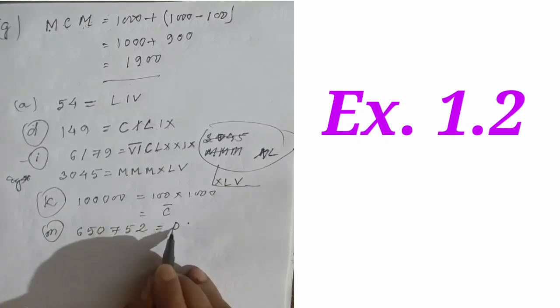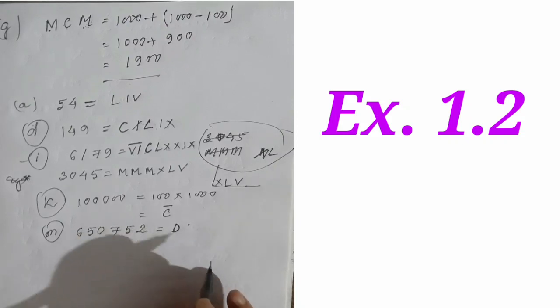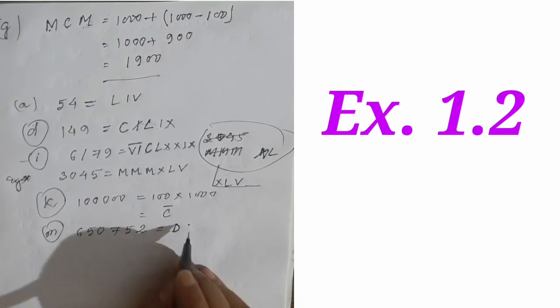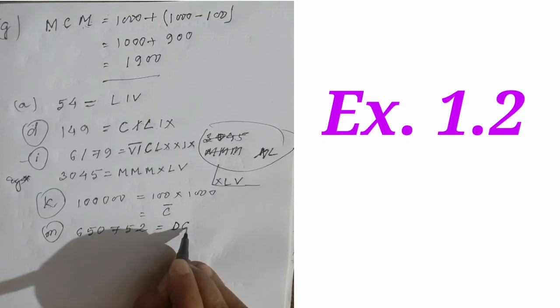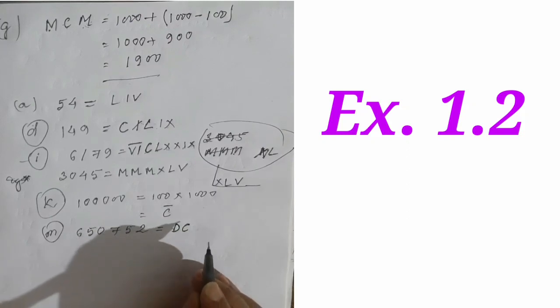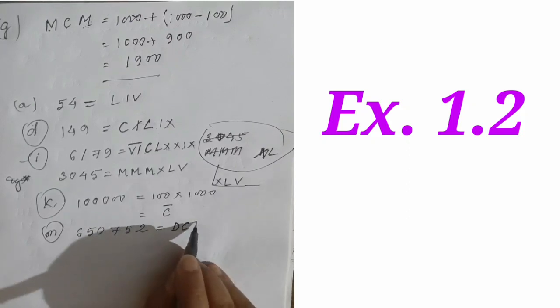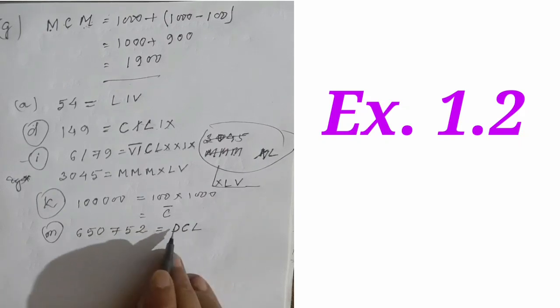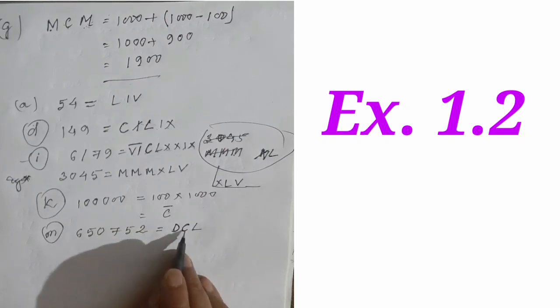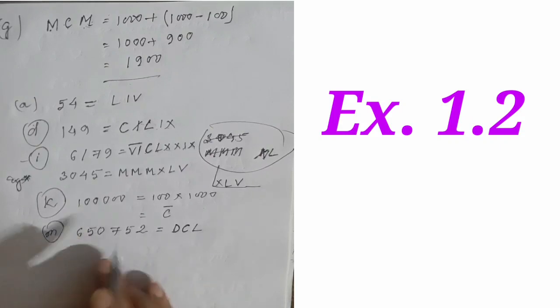So D is 500. Okay. And then C is 100, that is 600, and then 50 is L. Now this is 650. Now this 650,000 we have.